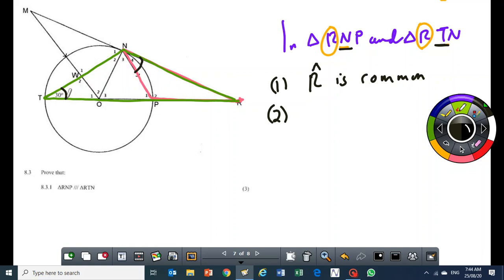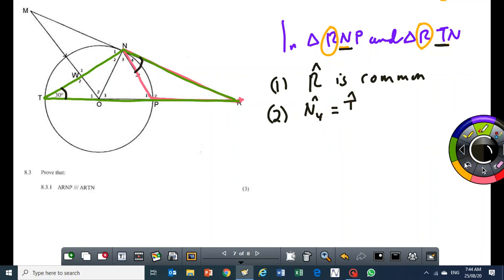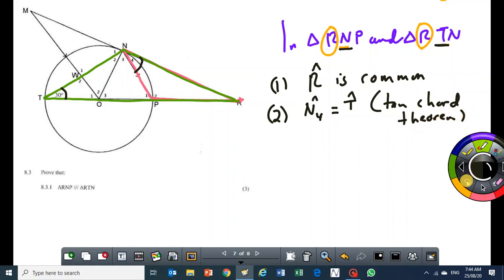So I can just write here N4 is equal to angle T, because of the tan chord theorem, or you can say proved in whichever number you proved it. Now, once you do this, you have got two pairs of corresponding angles that are equal.